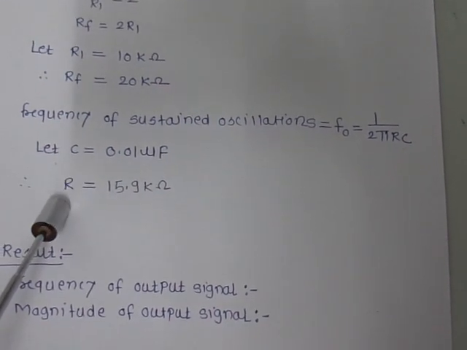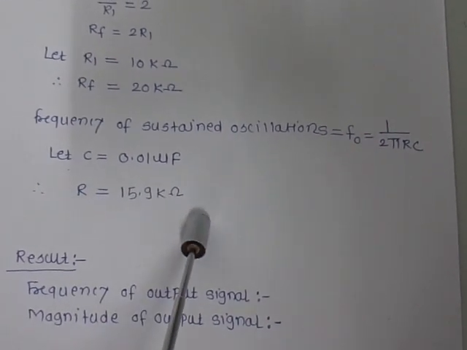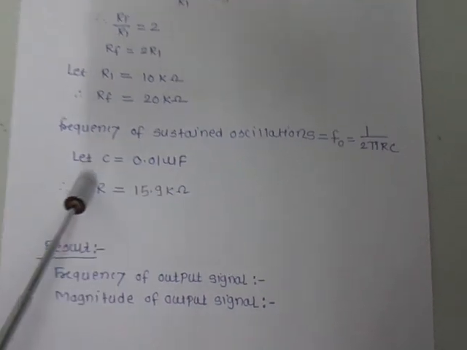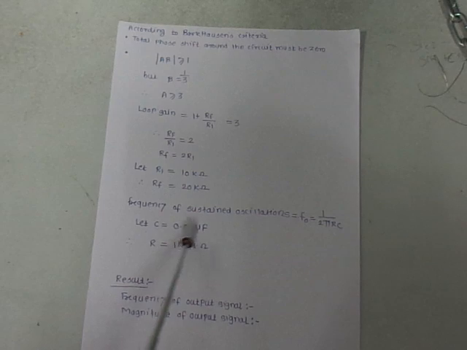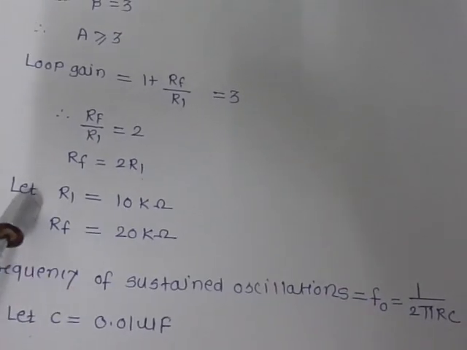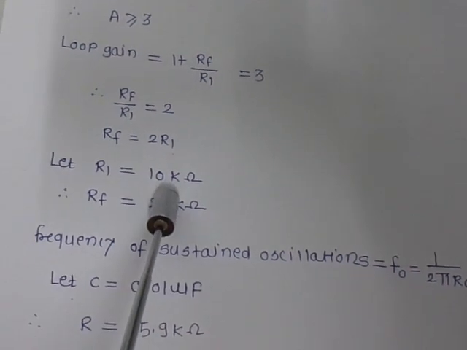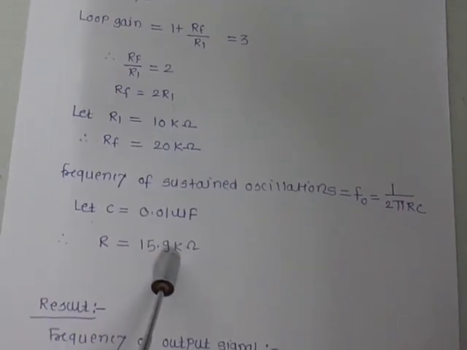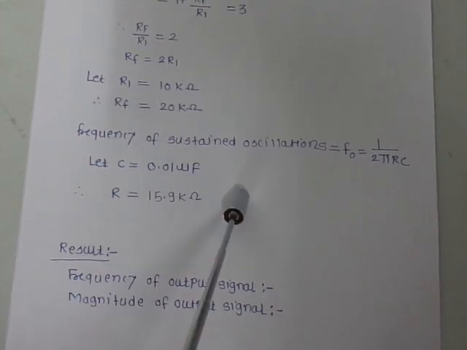Then we get R equal to 15.9 kilo ohm. So the components we are going to select are: resistor 15.9 kilo ohm, capacitor 0.01 microfarad, a potentiometer as the feedback resistor, and a 10 kilo ohm resistor. These are the components we are selecting, and we are going to use an operational amplifier in the circuit.